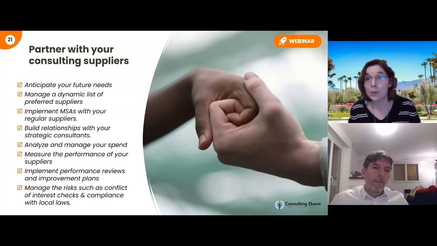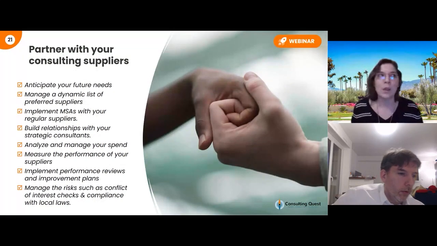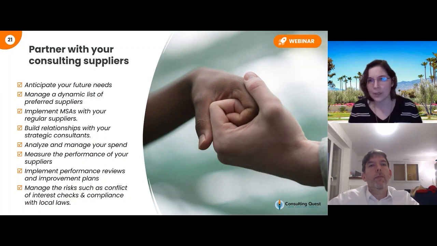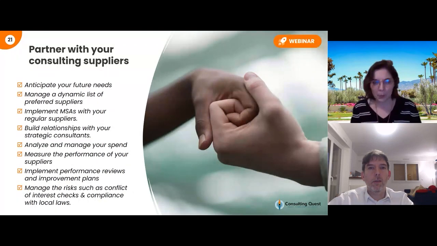And I'm not saying the ones you spend the most money with, right? It's the ones that are more strategic, that will advance your strategy, that you absolutely need to move to the next level. And that can be a small consulting firm with a very unique skill. It's really not only about how much you spend with it. But what is important is not only to have a list of preferred suppliers, which is a first step.